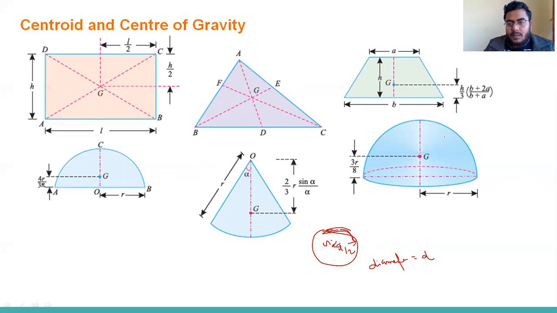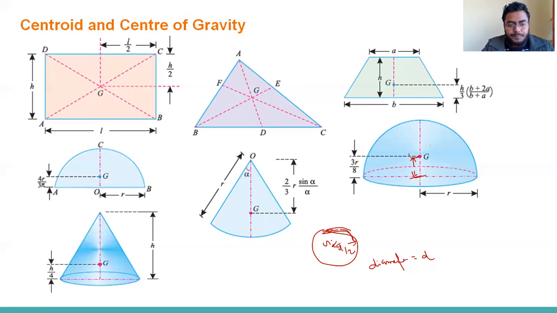In the case of a hemisphere, the centroid will be 3r by 8 distance from this horizontal portion. And by using a different method, we will calculate it also, but for now I'm just writing. So what is the centroid for different shapes?